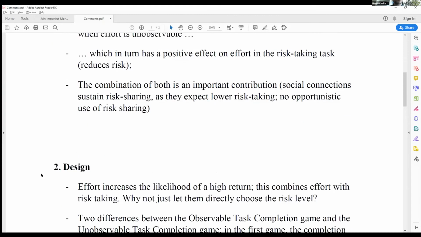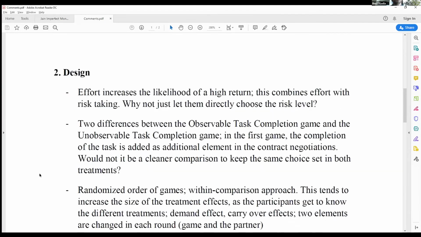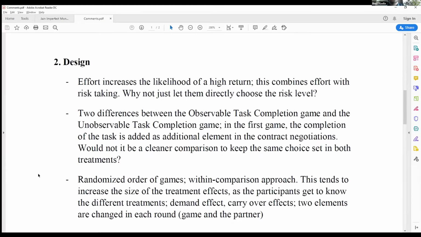I have a few comments about the design. First of all, in the design, the participants have to do an effort task to determine the level of risk, which I find a bit of a redundant layer of complexity. I think it would have been easy if we could just ask people to choose the risk level directly.